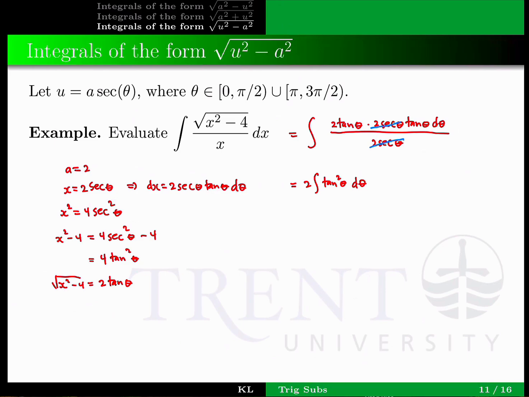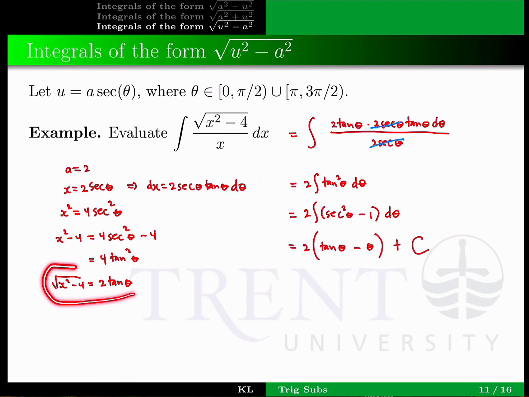So what we're gonna do is just convert tangent squared theta in terms of secant squared theta minus 1. So in here you will have 2 integral of secant squared theta minus 1 d theta, integral of secant squared theta, that's tangent theta, minus integral of 1, that's just theta, plus c.